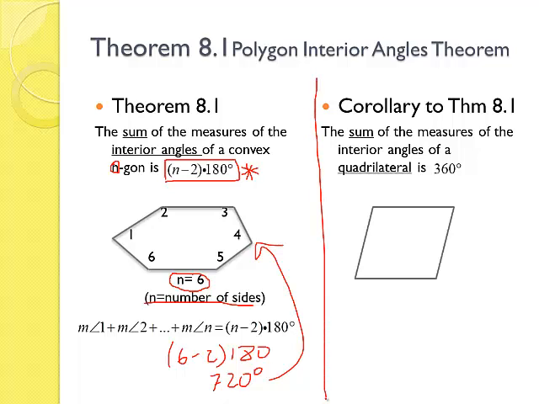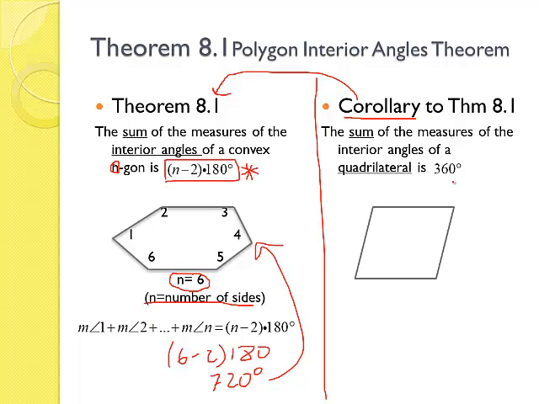The corollary to theorem 8.1, remember, corollary, this is again from first semester, is something that is easily proven using the original theorem. So this is your original theorem. The corollary is the sum of the measures of the interior angles of a quadrilateral is 360 degrees. Most people know about a quadrilateral being 360 degrees because they associate it with a square.